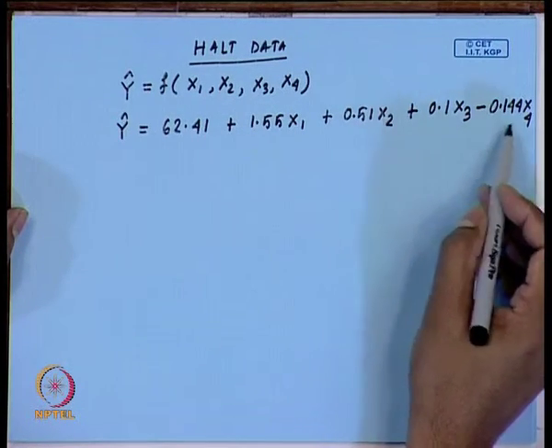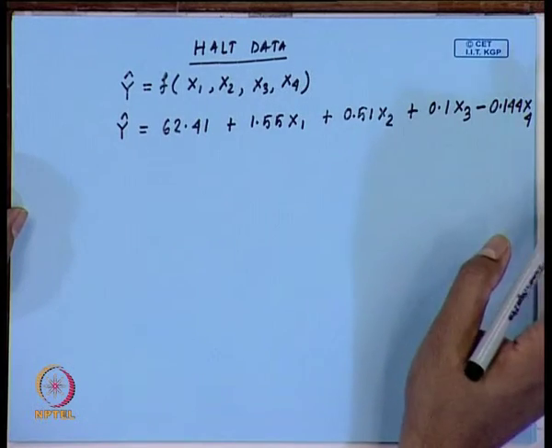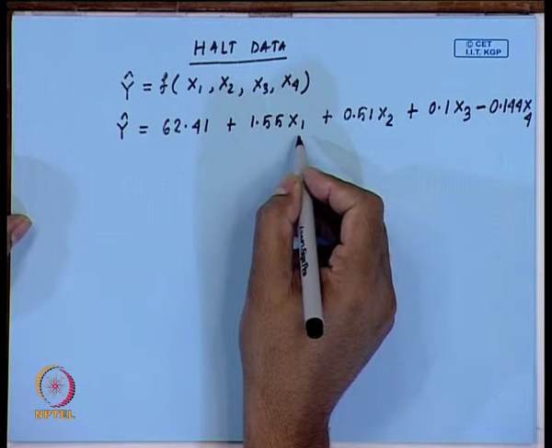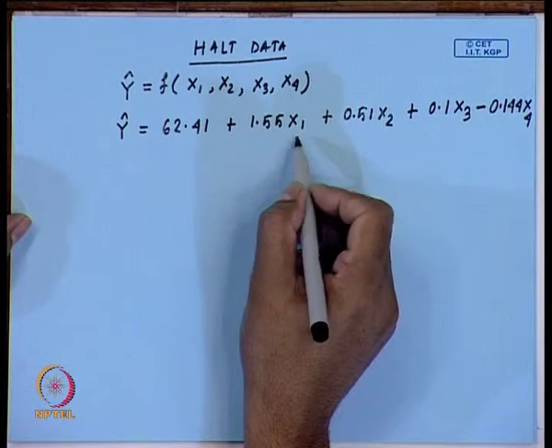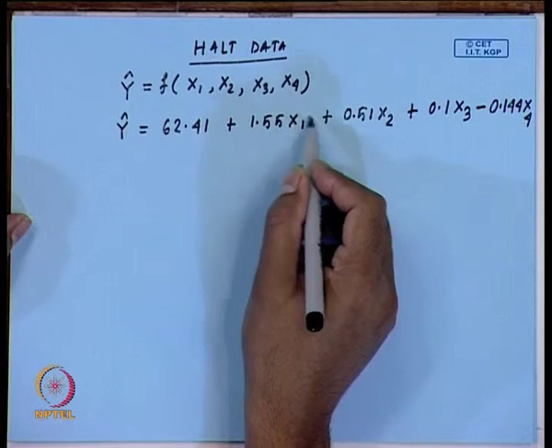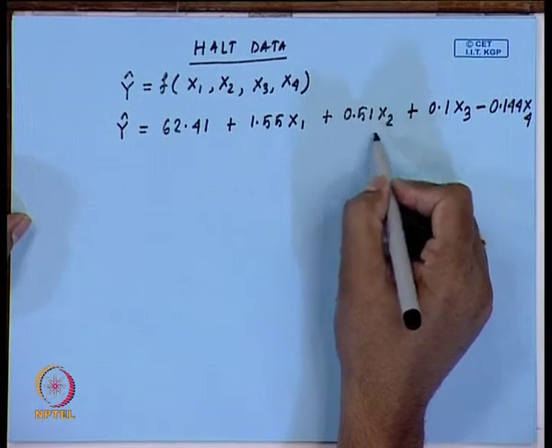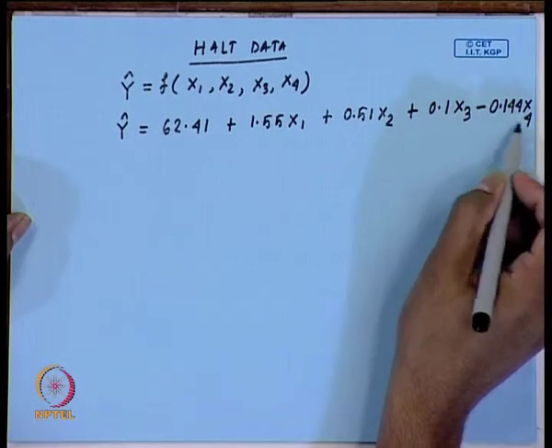So, this is the fitted model, and now what we want is that we look for the less significant regressor in this model. For that, we compute the partial f statistic associated with x 1, we compute the partial f statistic associated with the regressor x 2, similarly for x 3 and x 4.